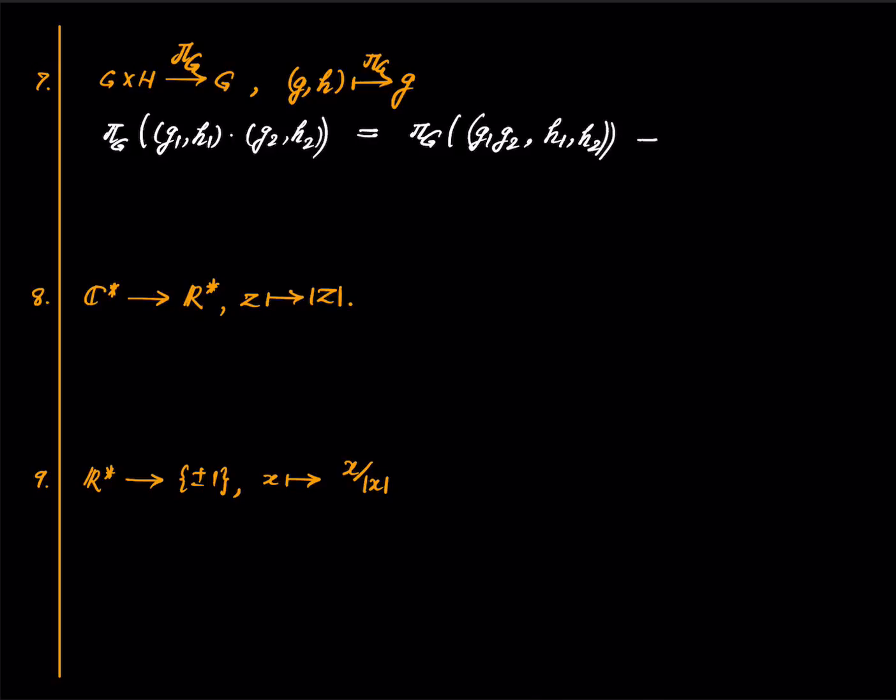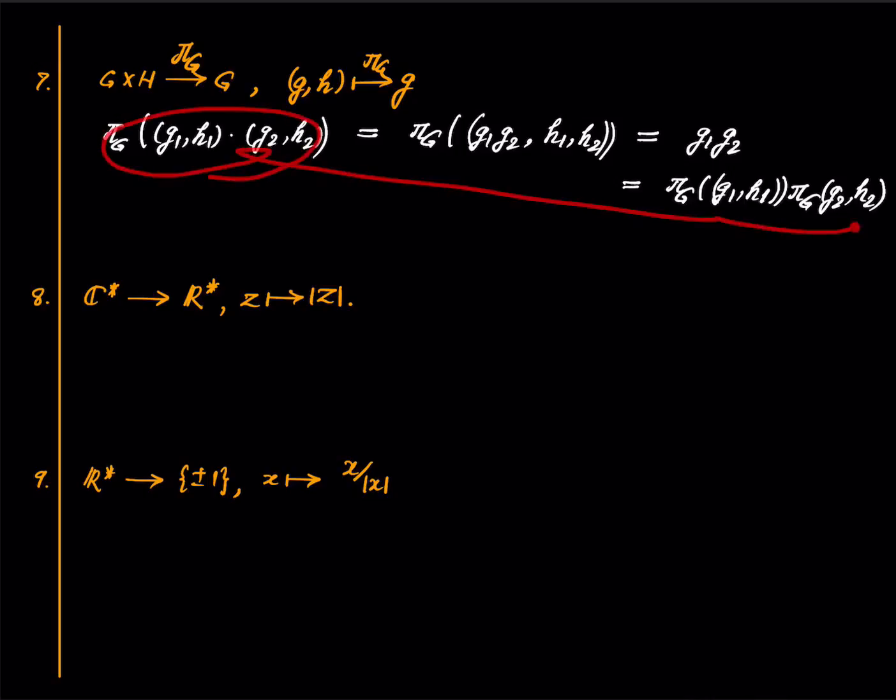Now by definition of pi G, this is g1 g2, which is pi G of (g1, h1) times pi G of (g2, h2). And that's it. That's why this is a group homomorphism.